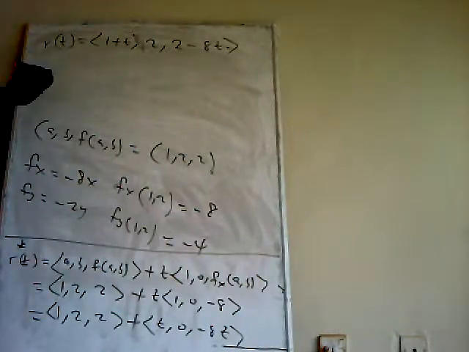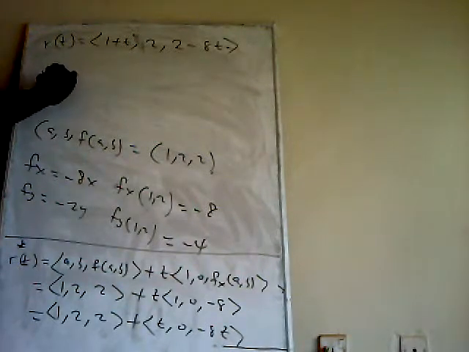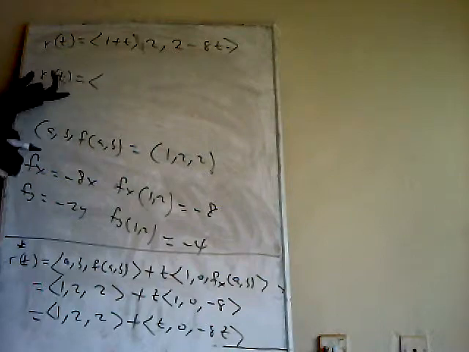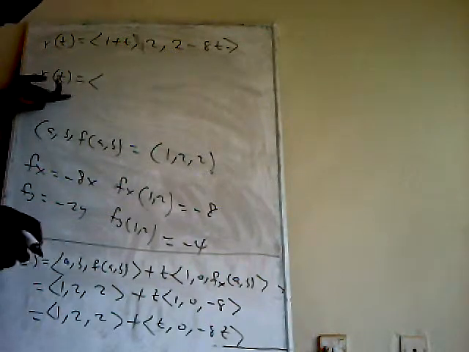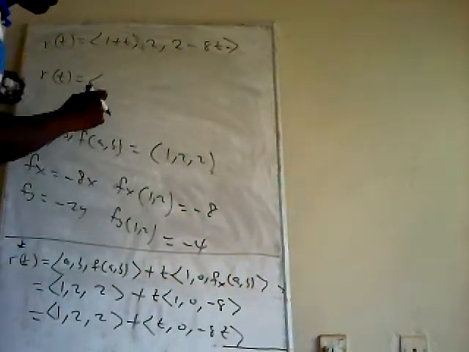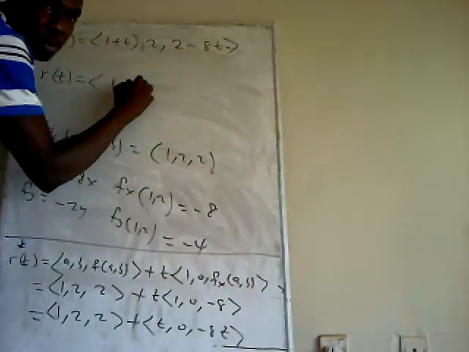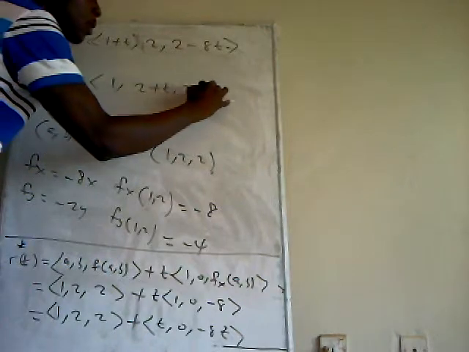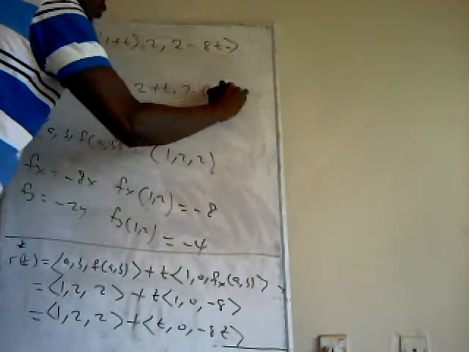Likewise, that to the trace caused by fixed x. If you follow the slides, it is trivial, it is very simple. That one is going to be 1, 2 plus t, 2 minus 2t.